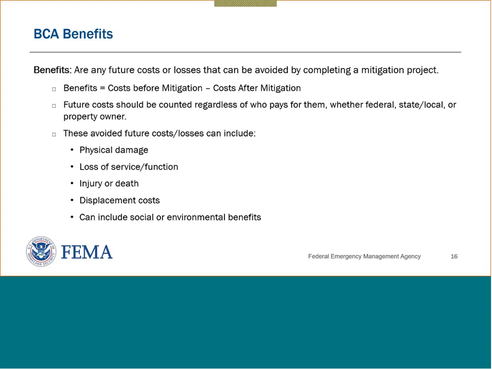Displacement costs, and those are costs that come into play when you have to move your service to continue providing it. And then there's also social and environmental benefits, which I think we'll touch on here in a bit. Next slide, please.